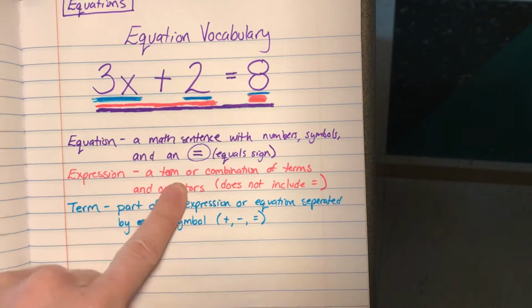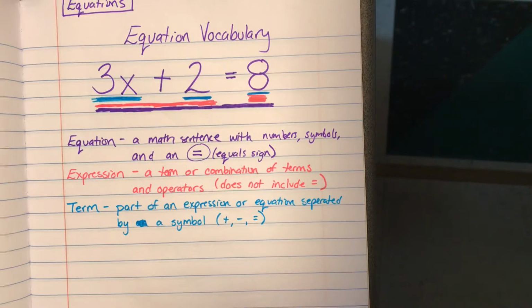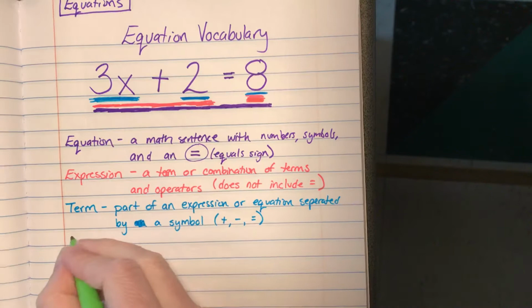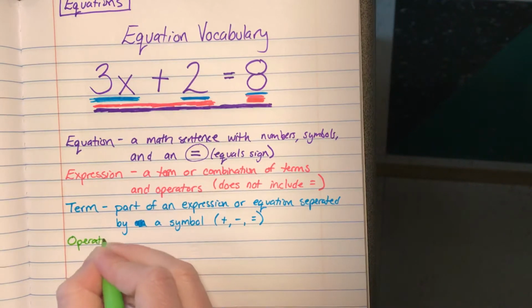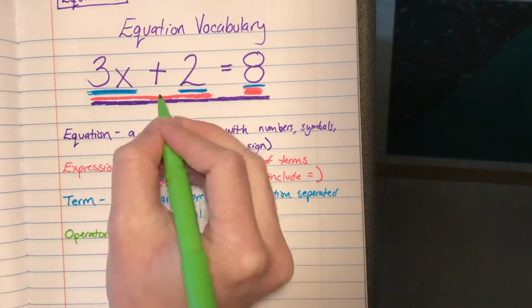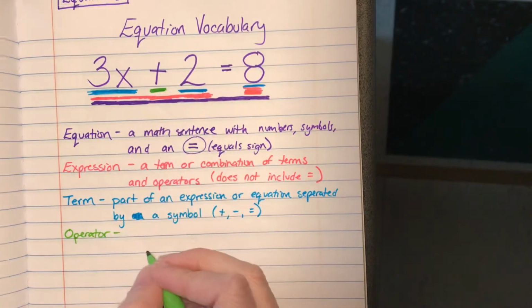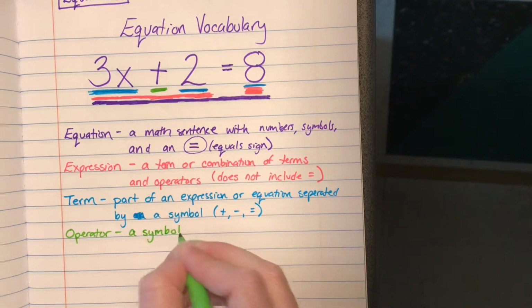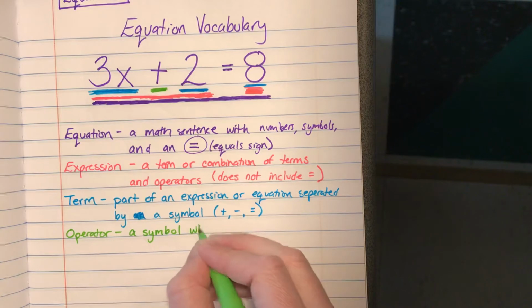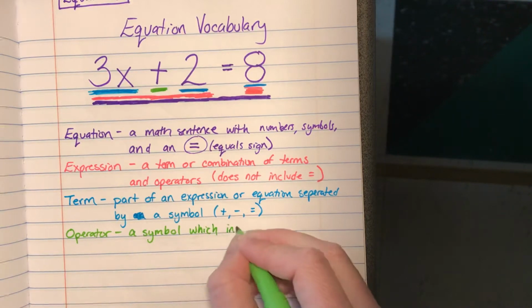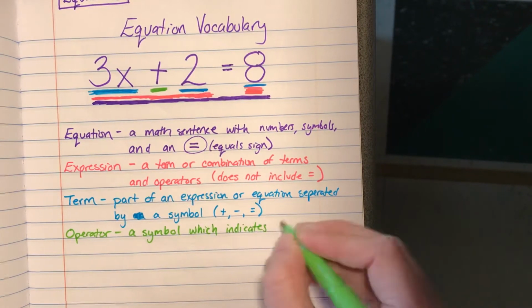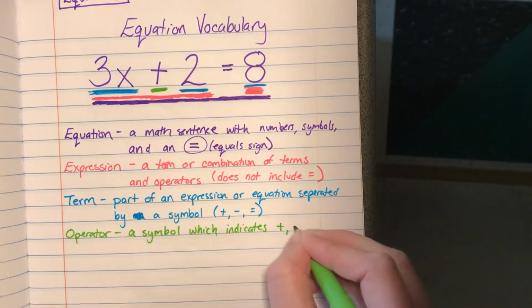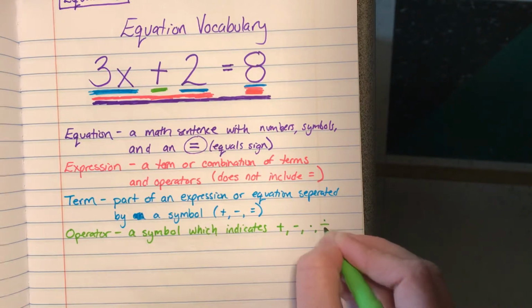Now, we also talked about operator. And so while we're talking about plus and minus signs, let's talk about an operator. Operator, O-P-E-R-A-T-O-R, is basically a symbol which indicates either addition, subtraction, multiplication, or division.